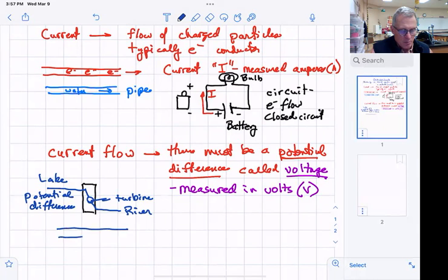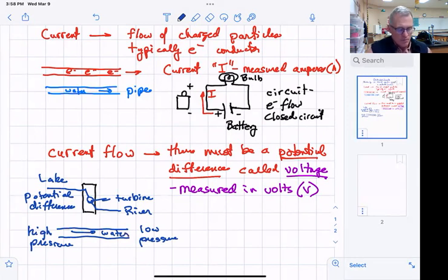Here's another way to look at it. You have a pipe and you have high pressure and you have low pressure. The water in the pipe will flow from the high pressure to the low pressure. It's created by a pump. That pump is the battery. And the water flows because of potential difference.